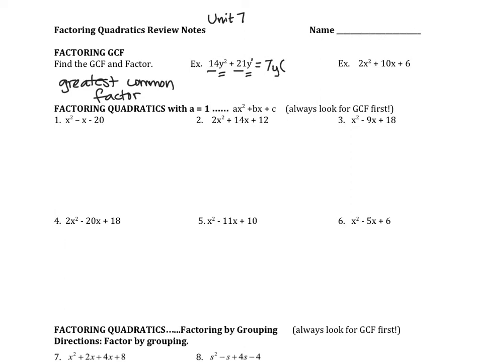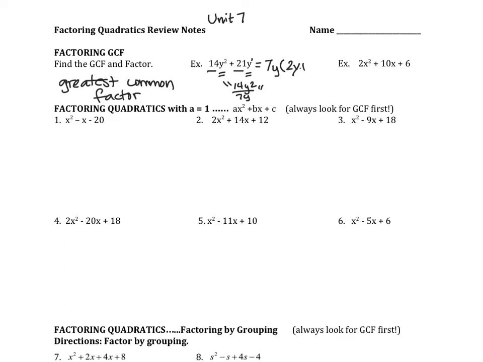So they both have a y that can be factored out. And so when I factor it out, it's really like division. I'm going to think about 14y squared divided by 7y in my head. And when I do that, I get 2y left over. So when I factor my 7y out, I get 2y.